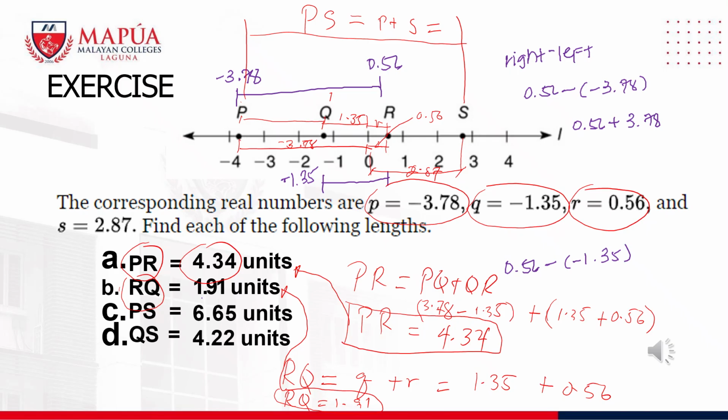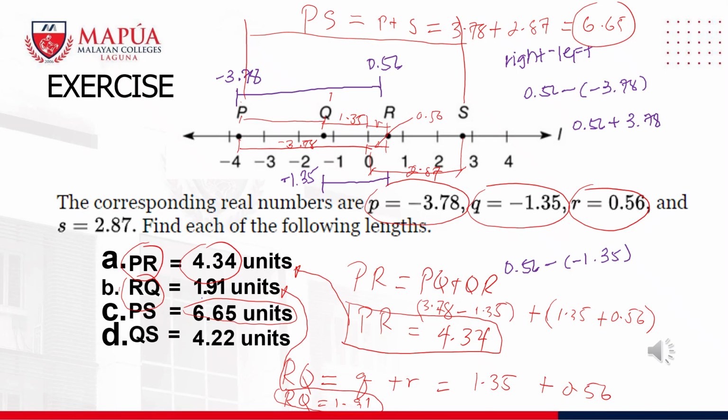The distance from 0 is 3.78, plus S, the distance from 0 to S, which is 2.87. It gives us 6.65 units, which is exactly this one.